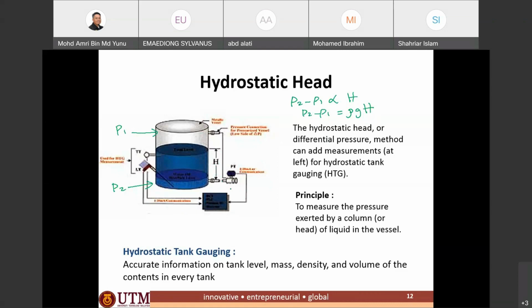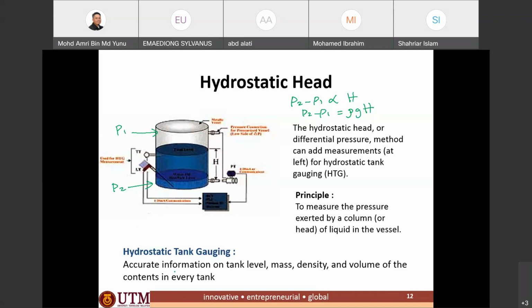So this pressure transmitter basically measures the pressure difference at the bottom part of the tank and compares it with the pressure at the top or the open part of the tank.